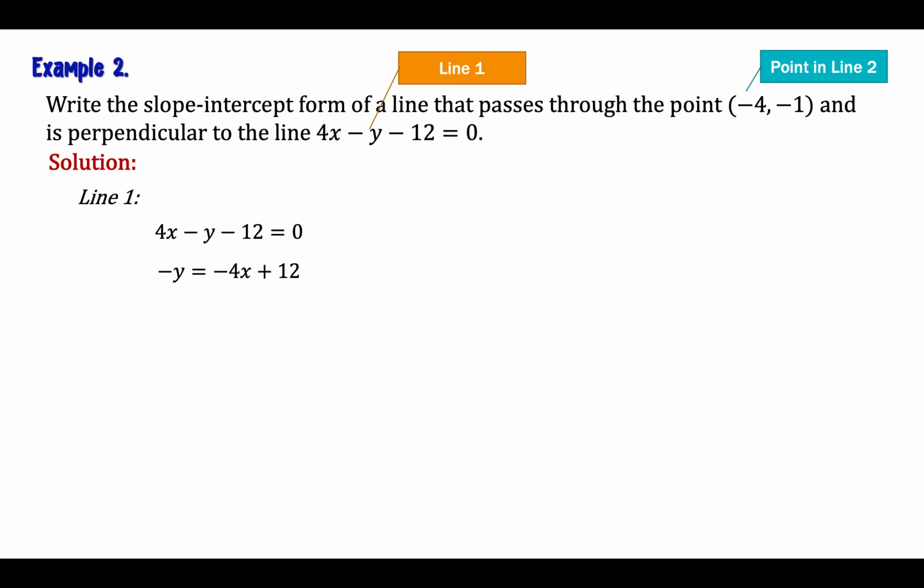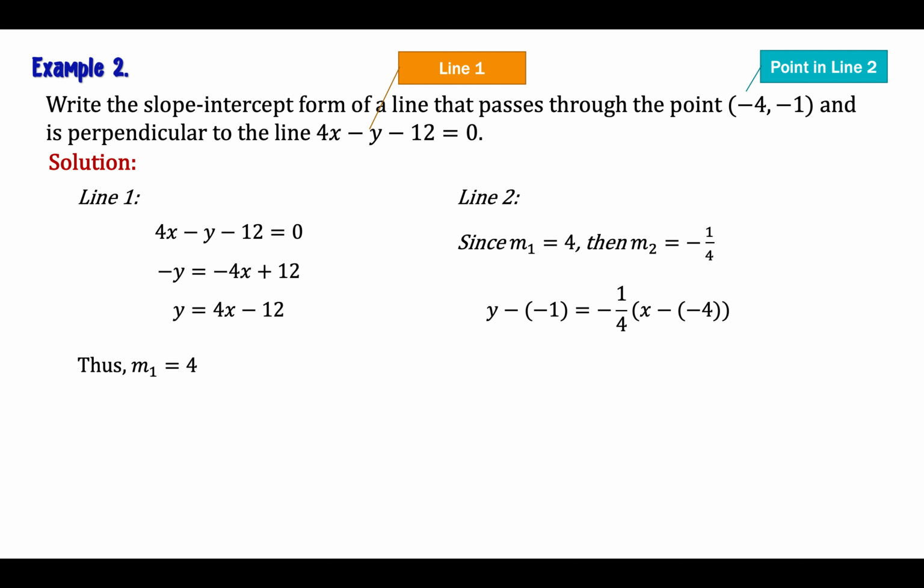We know that slope-intercept form should have the form y is equal to mx plus b. Therefore, we multiply this by negative 1 to follow that form. So we have y is equal to 4x minus 12, thus giving us m sub 1 equal to 4. And since L sub 1 and L sub 2 are perpendicular, we have m sub 2 equal to negative 1/4.